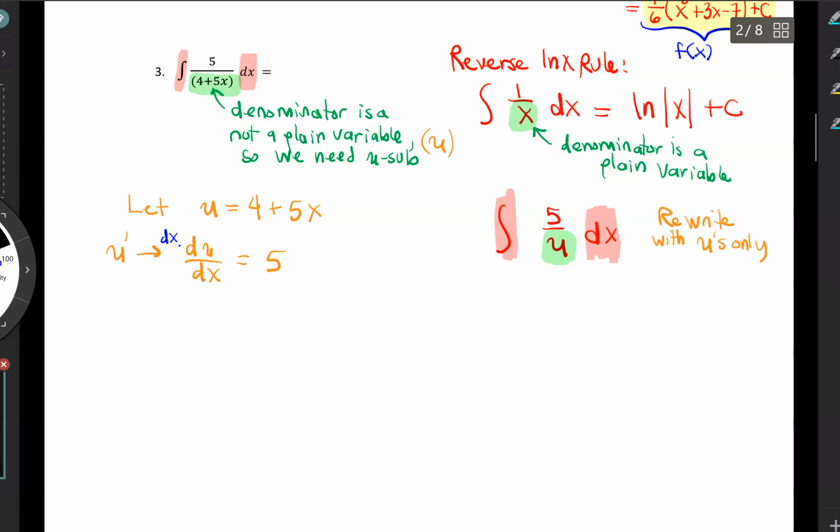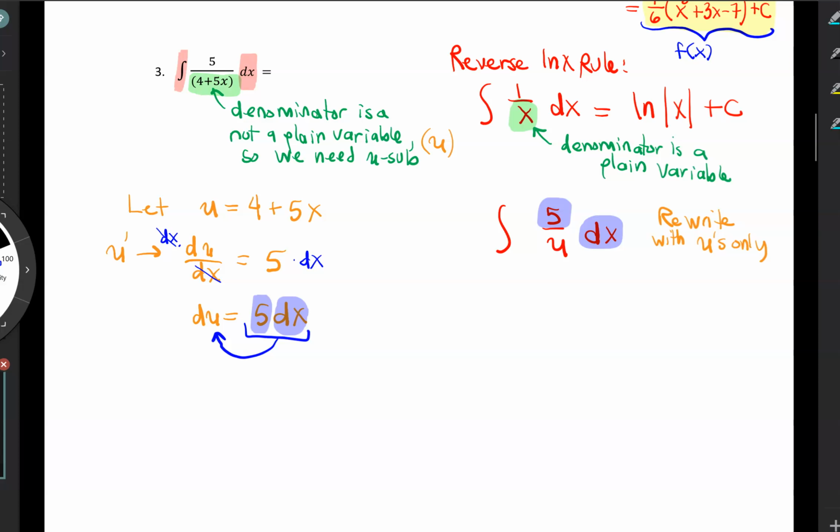I'm going to multiply both sides by dx here. So du equals 5dx. So if I have a 5, which I do, and I have a dx, which I do, I can replace those with a du.